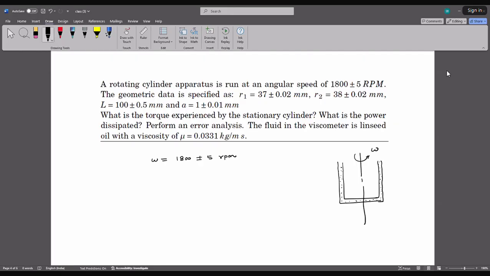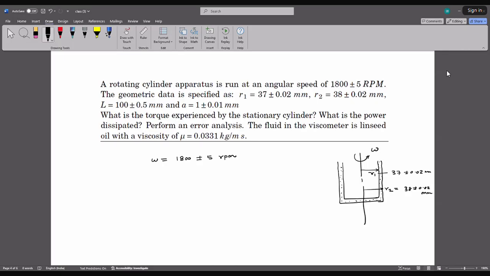And the geometric data is specified as, this is your R1, this is your R2. R1 is 37 plus minus 0.02 millimeter. R2 is 38 plus minus 0.02 millimeter.